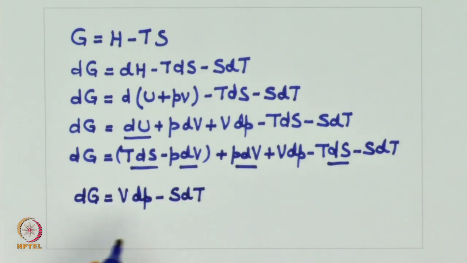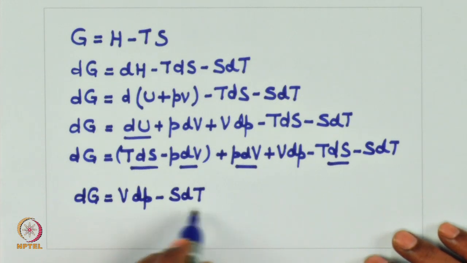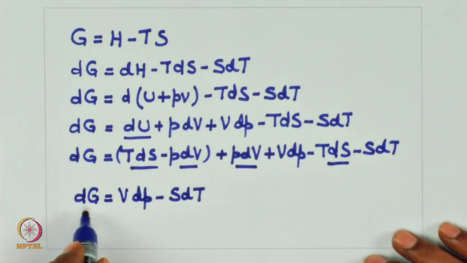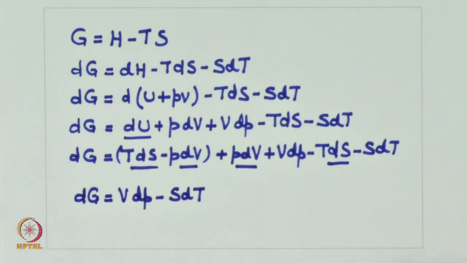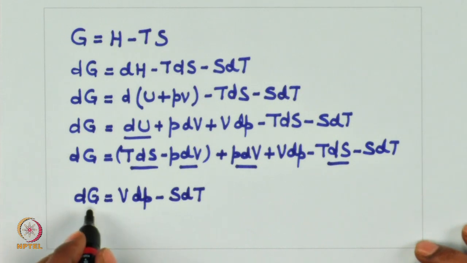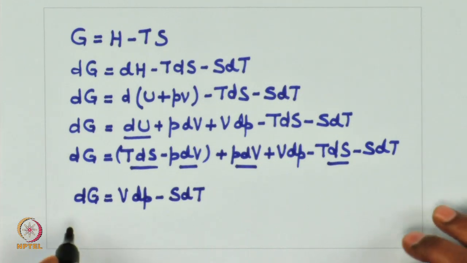And keep in mind that so far we have been discussing the closed system. We are not allowing the composition to change. So, this equation that we developed, dG is equal to VdP minus SdT, we will make use of extensively today. Here again dG is an exact differential because G is a state property.